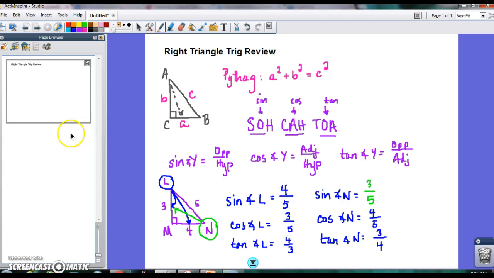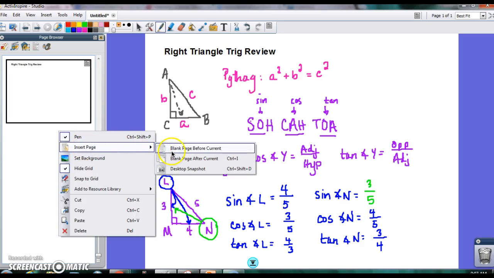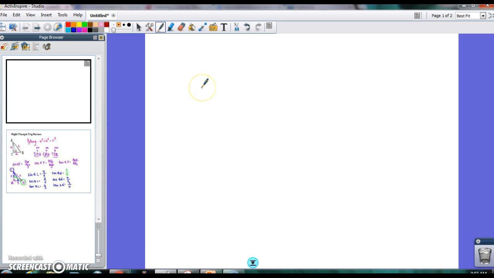So how do we use that in a problem? And you'll be doing some practice problems with this. So let's say, for example, here's my right triangle. And a lot of the angles we use, we're going to be using Greek letters. So that is Greek letter theta. And let's say I did this, x and 15.